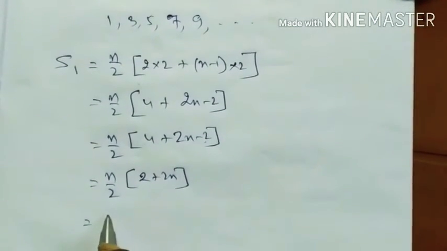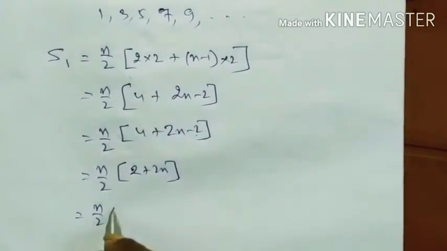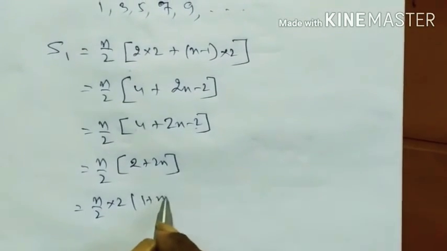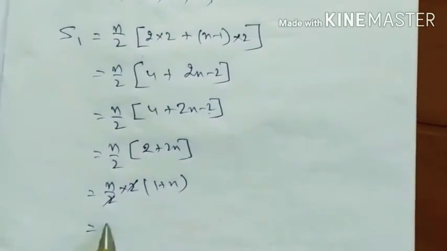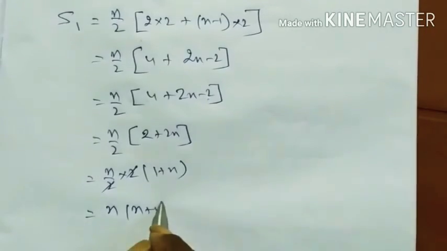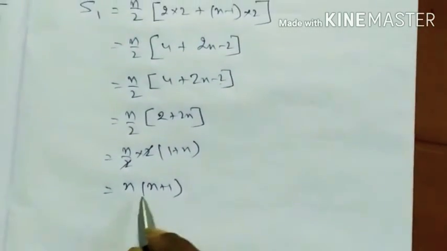Now 2 common, n by 2, 2 into 1 plus n, 2 cancels out, n into n plus 1. This is your S1.